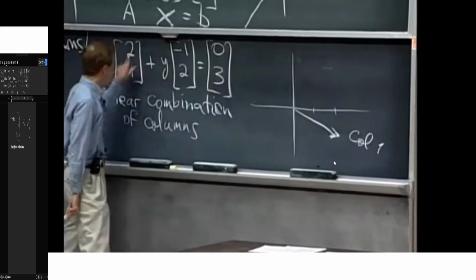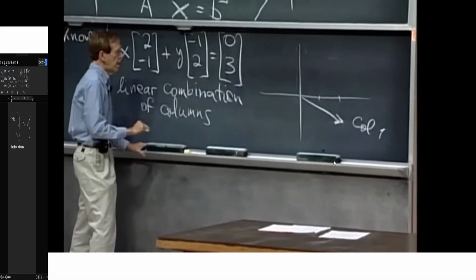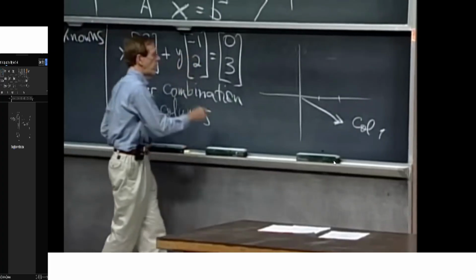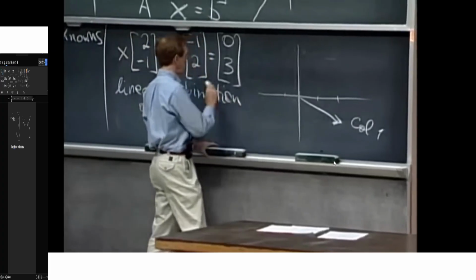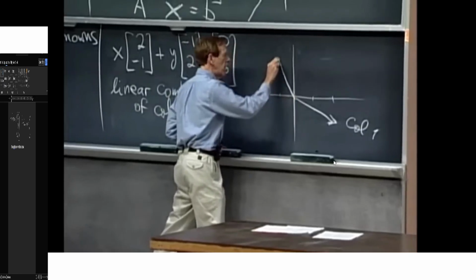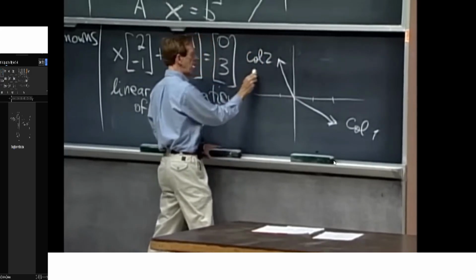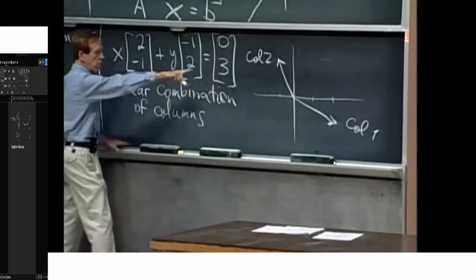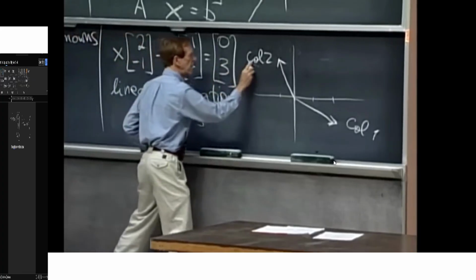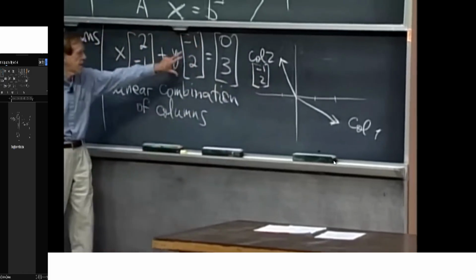It's the vector 2, minus 1. The second column is, let's see, I go over minus 1 as the first component and up 2. There's column 2. Its components are minus 1, 2.